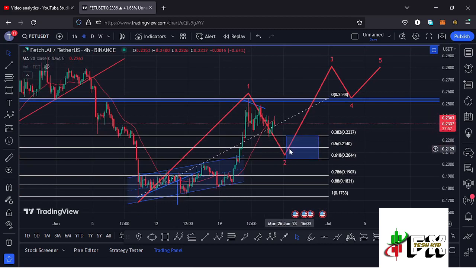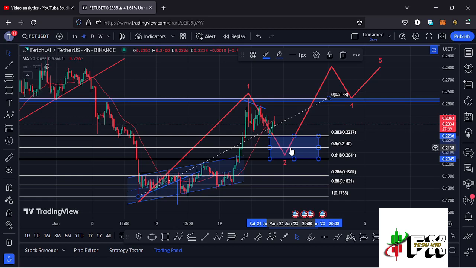So there are chances that we might see a bit of a breakdown into this blue target area between the $0.2237 mark and the $0.2044 mark before we can start our impulsive move to the upside in the formation of that wave 3.